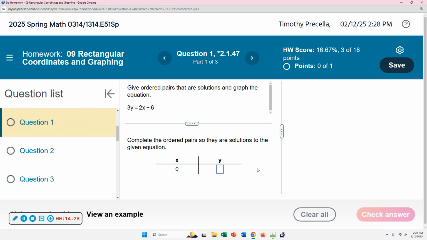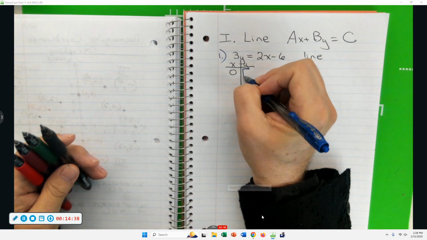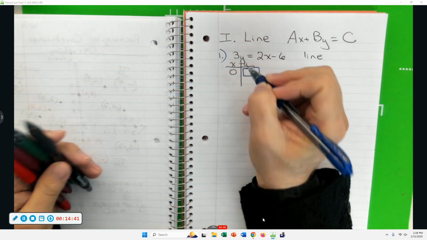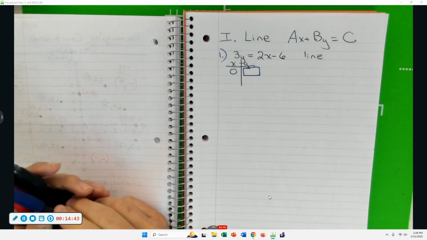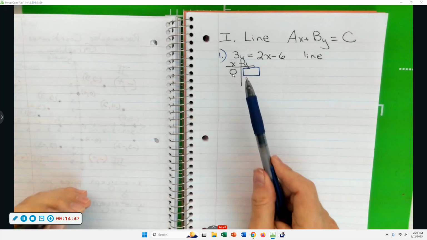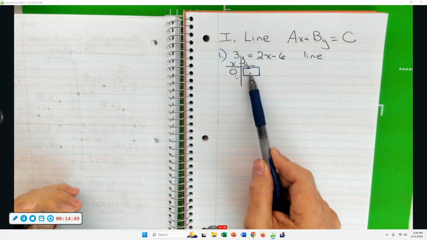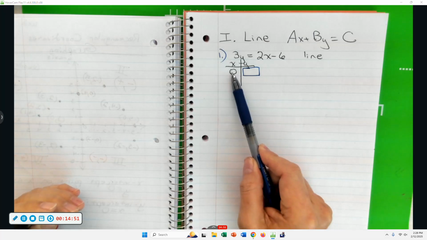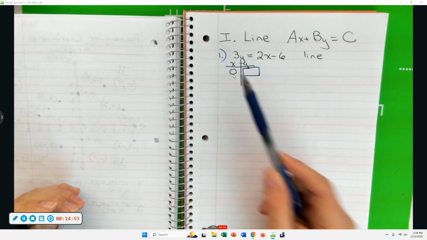Let me make sure 3y equals 2x minus 6. Let me write this down. Okay. We have that first line there that they want us to complete. What this table is saying is, find y when your x value is equal to 0.